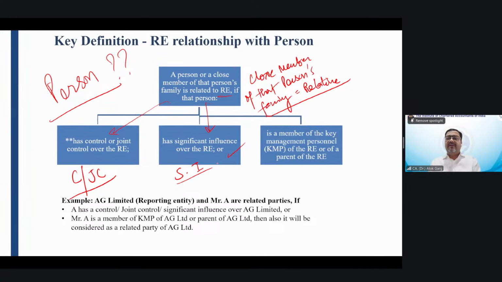If there is significant influence, the first entity will become an investor, the other entity will become an associate. So a person or a close member of that person's family is related to the reporting entity if that person has significant influence over the reporting entity.